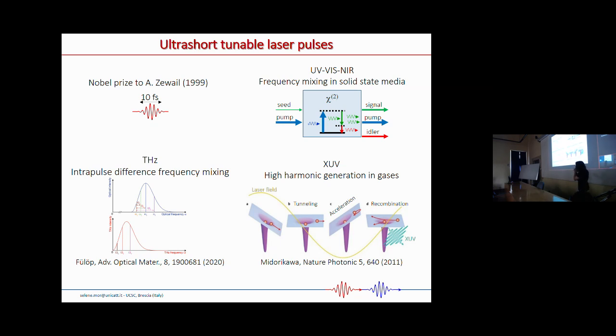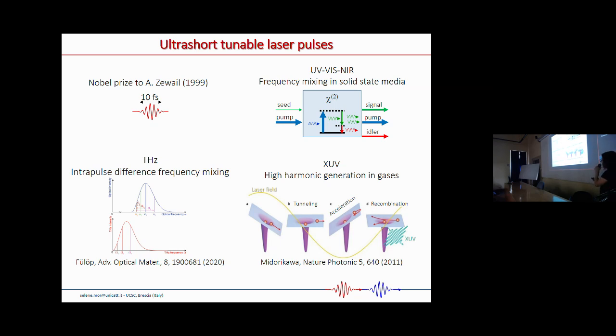If you want to go down in photon energy and, for instance, address the terahertz regime, then again some kind of frequency mixing is typically exploited, again in solid state. For instance, zinc telluride is one of the most used materials. In this case, this frequency mixing occurs within the pulse. You come with an ultrashort laser pulse, which can be some standard 800 nanometer titanium sapphire source, very short, which means also very broad in energy.